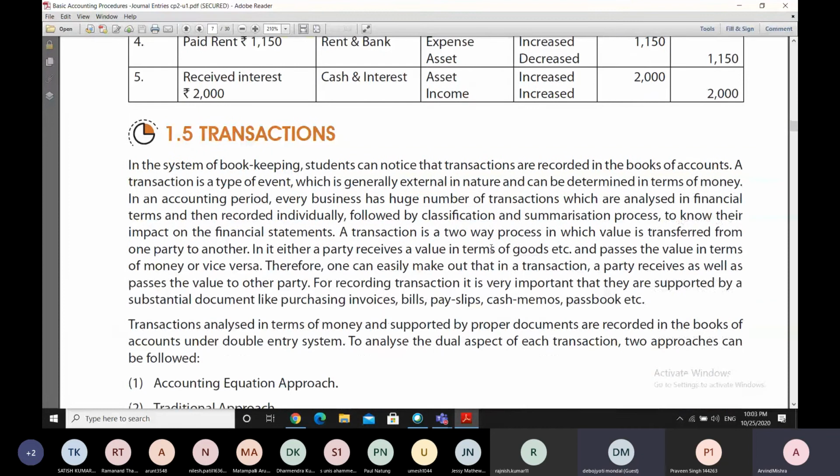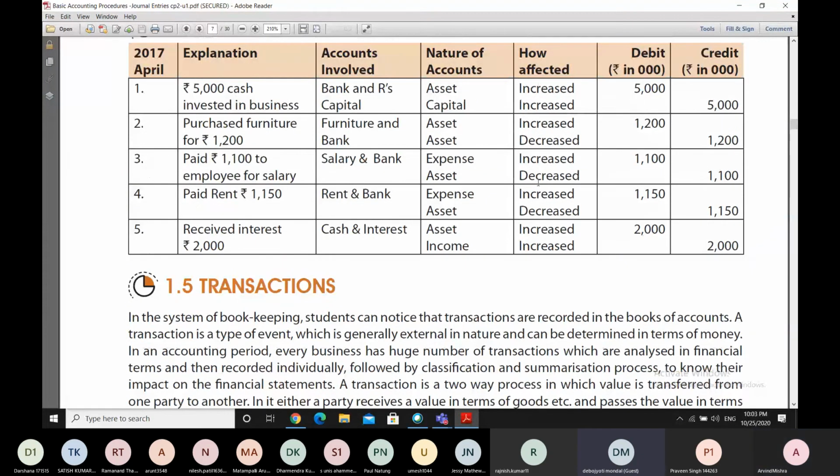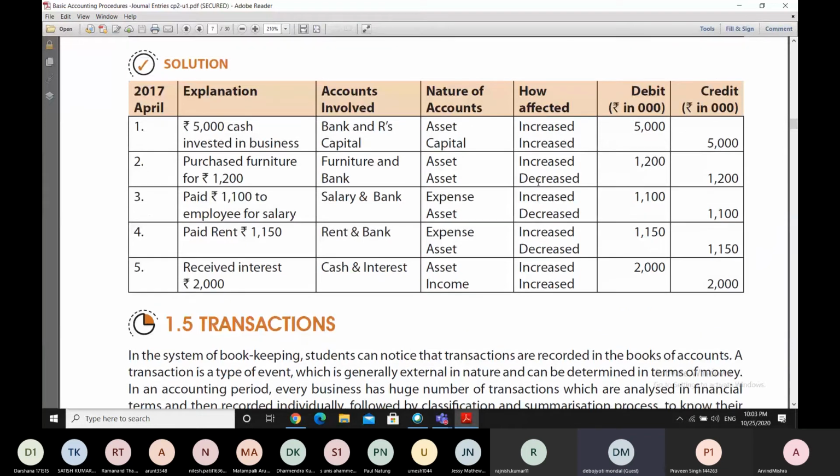Sir, I have got two questions to ask. Sir, in the second column, as you can see, there is purchase of furniture for rupees 1,200. Over here cash is not mentioned, so are we supposed to take it as the amount of 1,200 was paid by check?